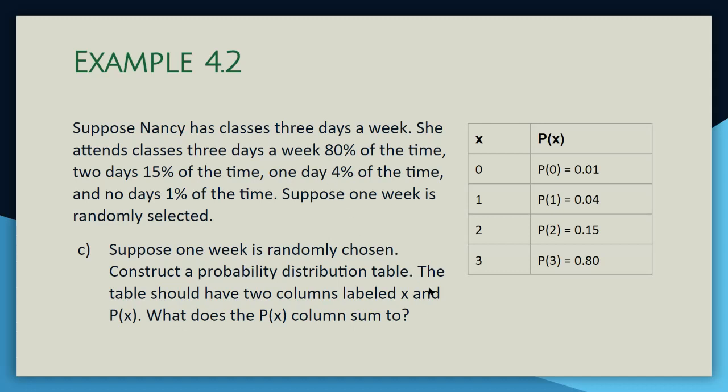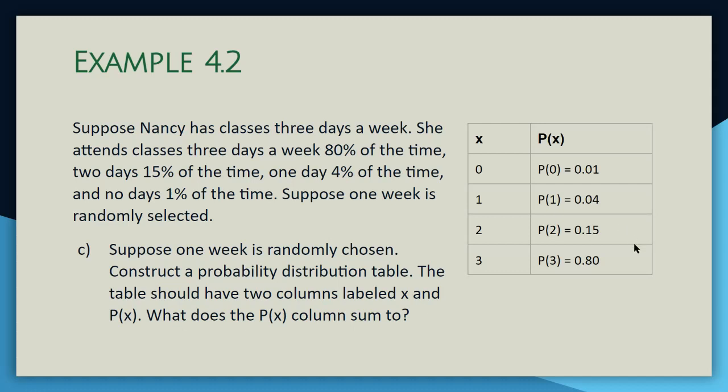We're also asked, what does that P of X column sum to? And we know if this is a valid probability distribution, those probabilities should add to 1. So 0.01 plus 0.04 is 0.05. 0.05 plus 0.15 is 0.2.